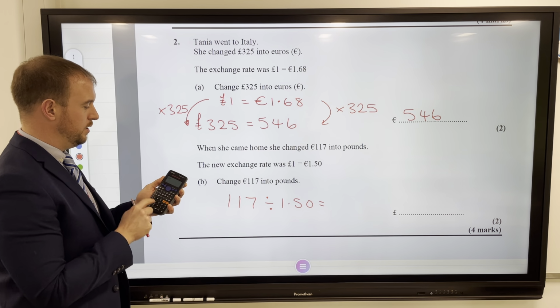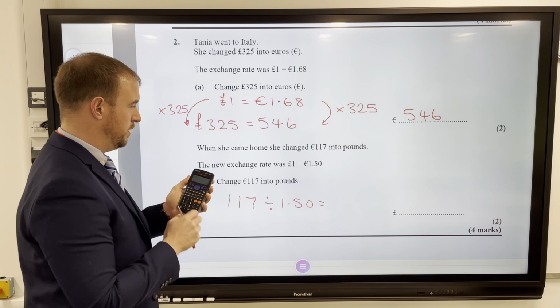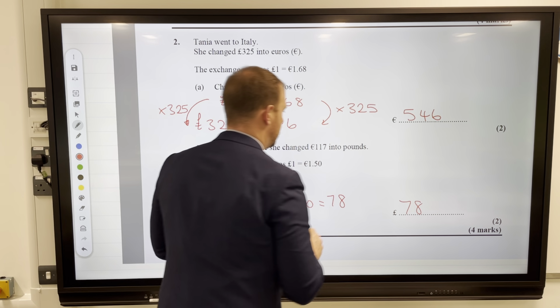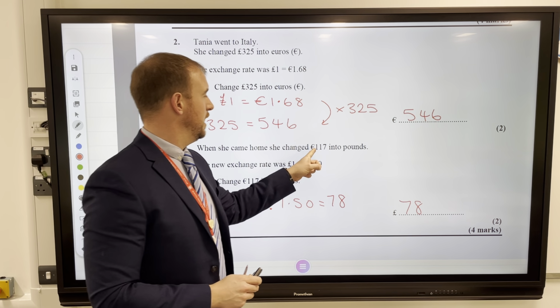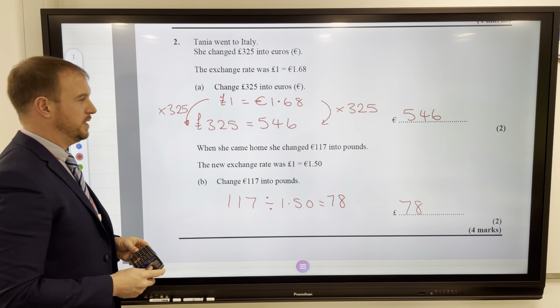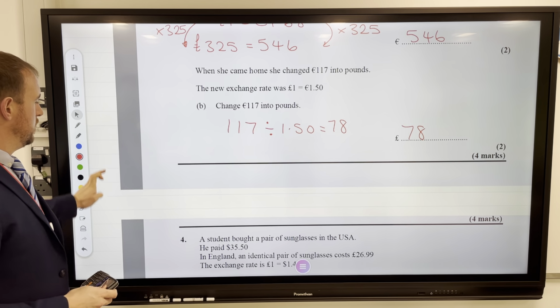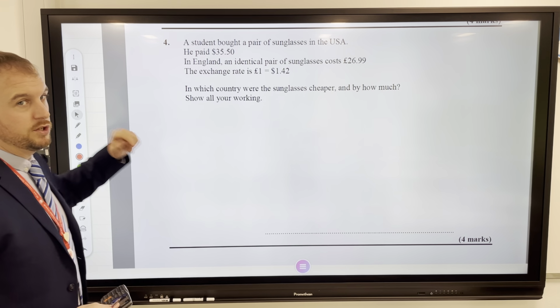Use your calculator: 117 divided by 1.5 equals 78. That's £78. Does it make sense? Yes, because the 78 is lower than 117 euros. So that's the basic principle of exchange rates.